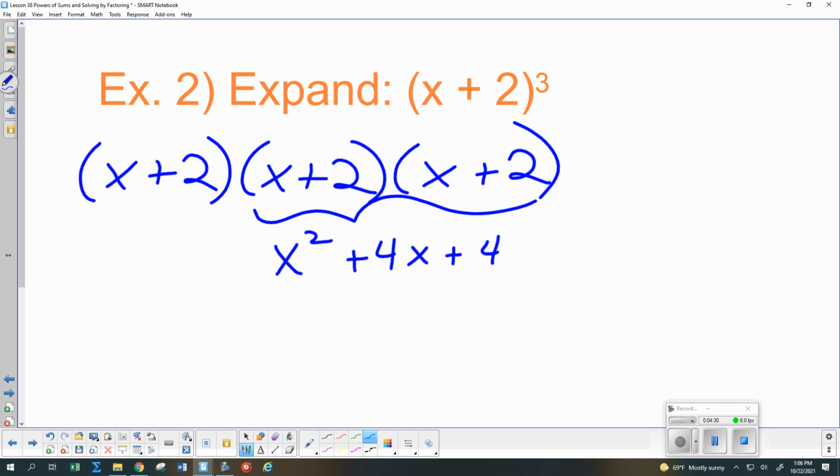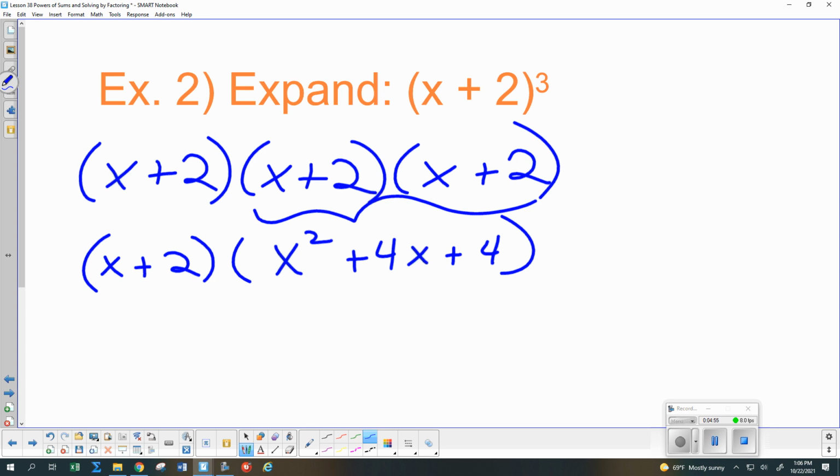Okay, then I need to multiply that times my other parentheses, x plus 2. If I only do one set of parentheses at this point, it is wrong. The way I wrote that says x plus 2 is only multiplied by x squared. It needs to be x plus 2 is multiplied by all three of those. The parentheses matter, both sets.